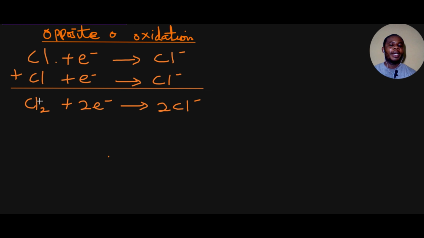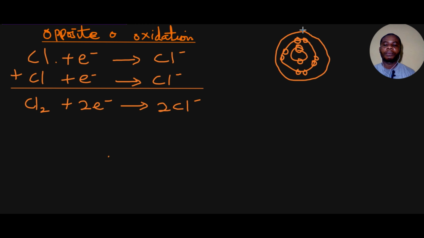So why did this accept 1 electron? Because chlorine has an atomic number of 17: 1, 2, 3, 4, 5, 6, 7, 8, 9, 10, 11, 12, 13, 14, 15, 16, and 17. So at this juncture, chlorine is 17.